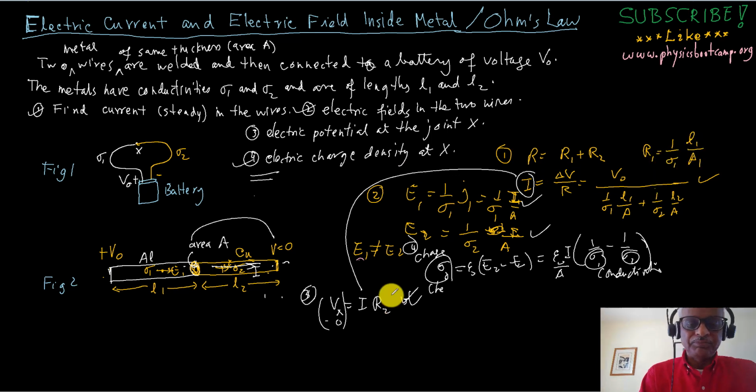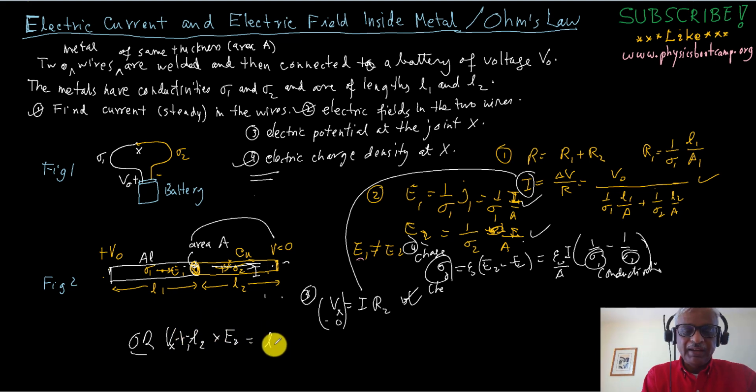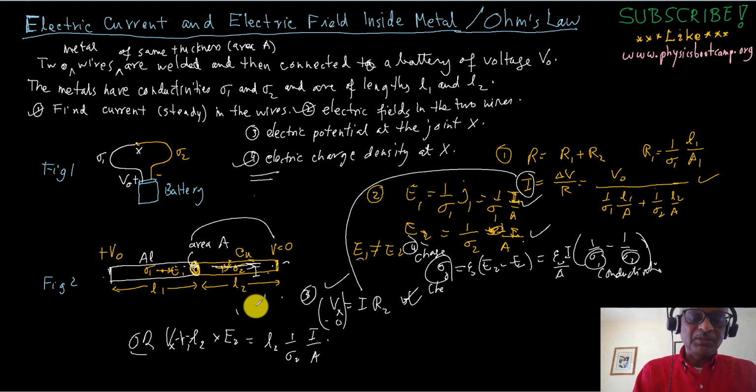Or you can integrate the electric field E2, and that should give me the voltage. The length L2 times E2 gives me the voltage at X minus V0. So this will be L2 times 1 over sigma 2 times I over A. Both will give exactly the same answer, but I just want to show you there are 2 ways to do it. So that got number 3 also.